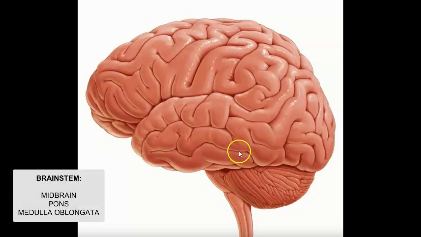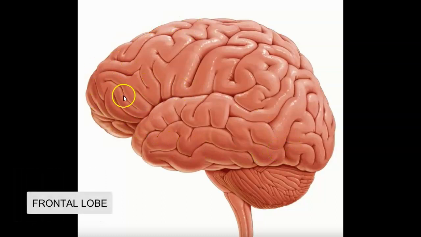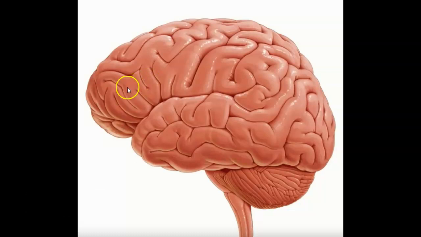Now, the cerebrum can be divided into four lobes. The frontal lobe is mainly responsible for higher learning functions, also some personality and mood, information processing. Sometimes you can think of it as the boss of the brain or the moody part of the brain.